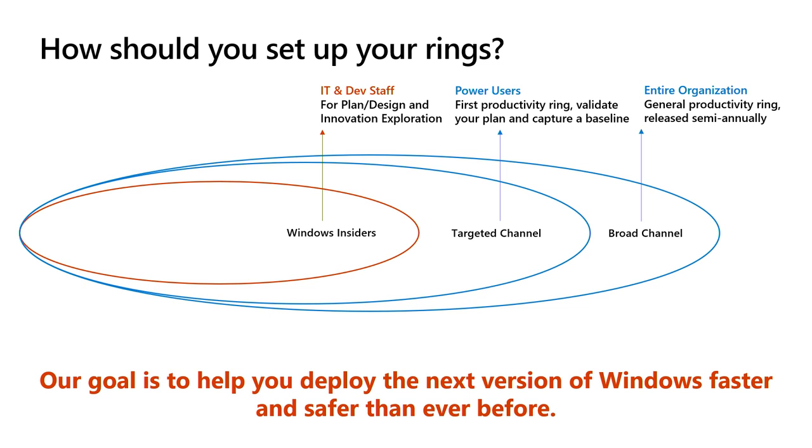And the last one is the entire organization goes on the broad channel so that deployment should be easy, given that you have 10% coverage of scenarios and also the Insider program. With that, this covers the basic structure of how the Insider program works and how you can make it for the organization.